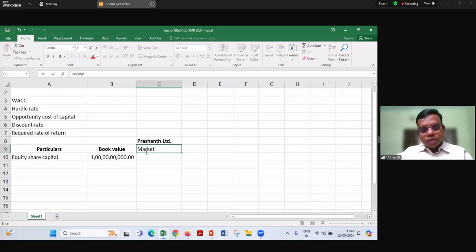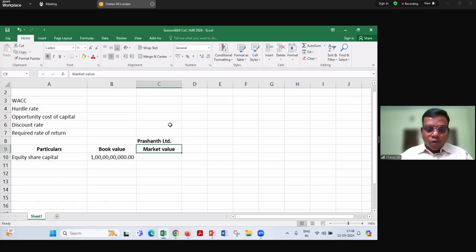So let us now go with the market value of the company. Though it was issued at 10 rupees, of late the company kept on making profits, and it kept on transferring some part of the profits back to the company, because of which the company has also grown.